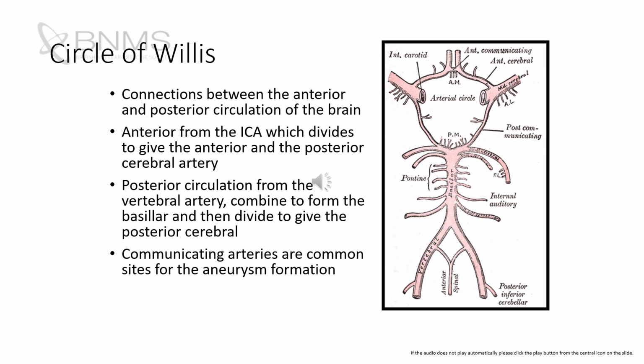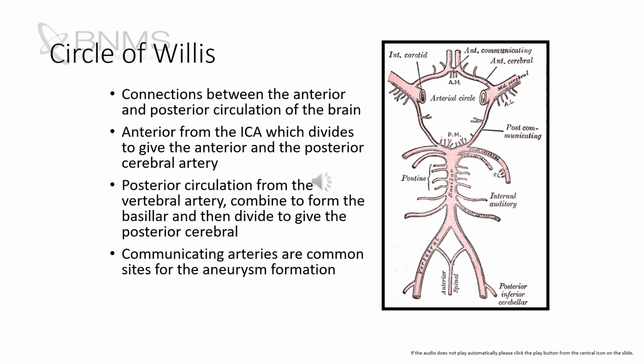With this cartoon, we shall review the circle of Willis and the connections between the anterior and posterior circulations of the brain. The anterior circulation of the brain is provided by divisions of the internal carotid artery as it exits the cavernous sinus on each side.